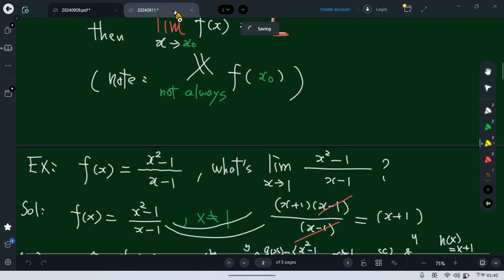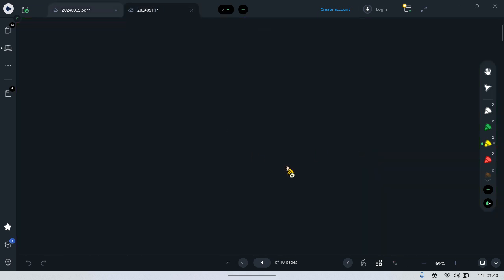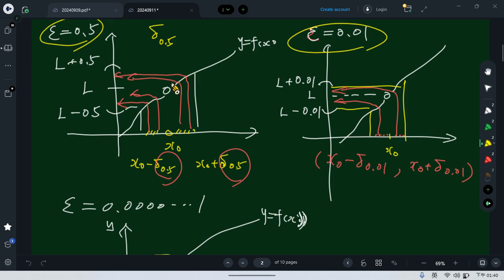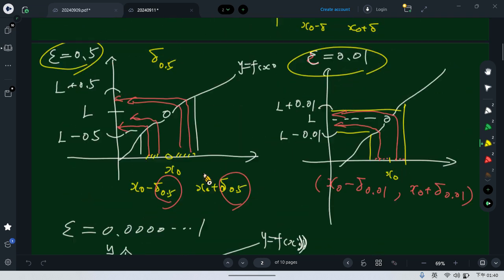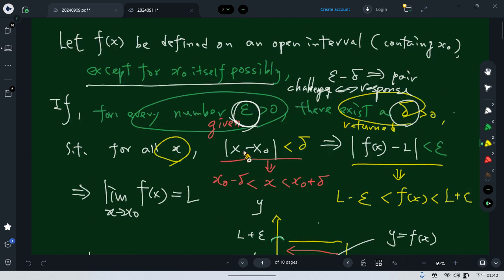But if we use the mathematical way: even though you give any positive epsilon, I can always find a delta to let the situation happen.